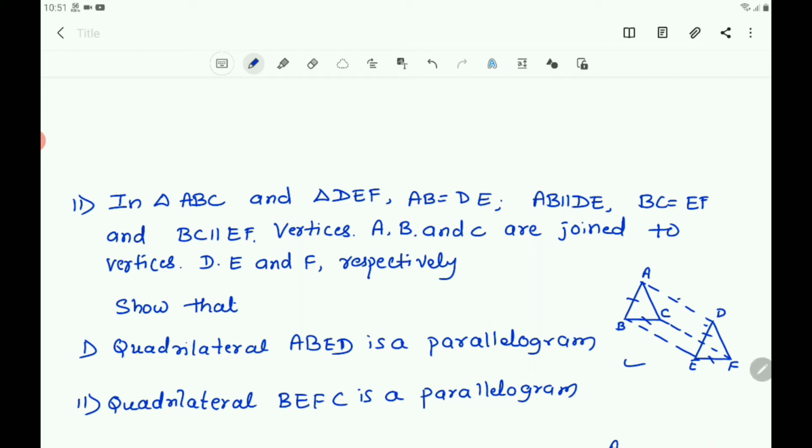Means here A is joined to D and B is joined to E and C is joined to F. Here you got quadrilaterals ABED, ACFD and BEFC. We have to prove that quadrilateral ABED is a parallelogram and also quadrilateral BEFC is a parallelogram.